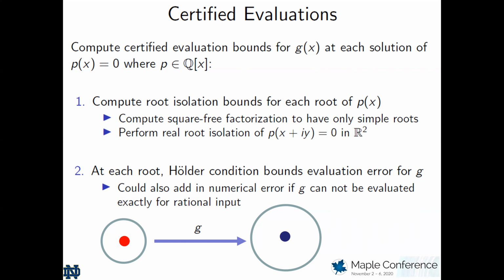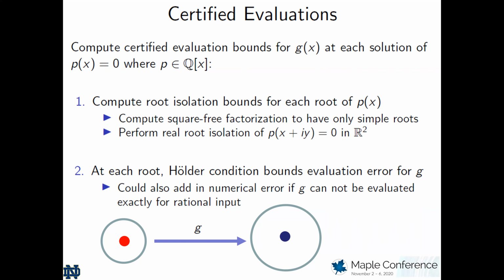And then we switch from the complex numbers to R2 and do real root isolation in R2 by taking the real and imaginary parts of P of x plus iy and solving those two polynomial equations on R2. So this gives us a real root isolation in R2, and that gives us something that we can then transform by G in order to get bounds on the evaluation.